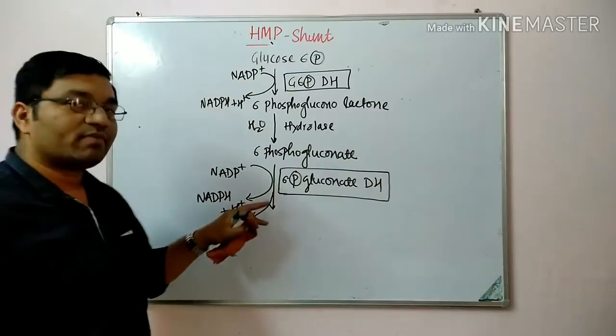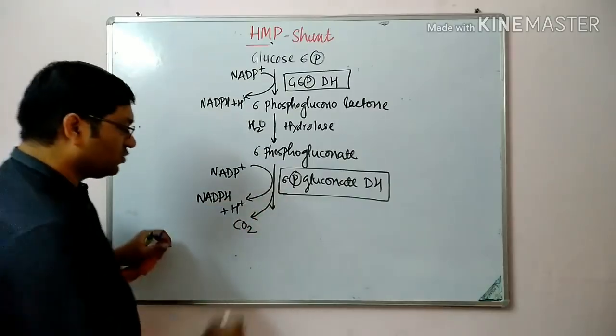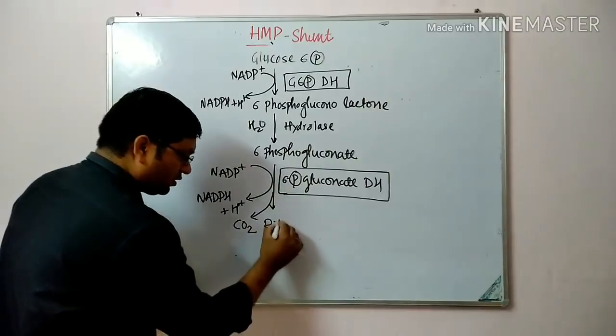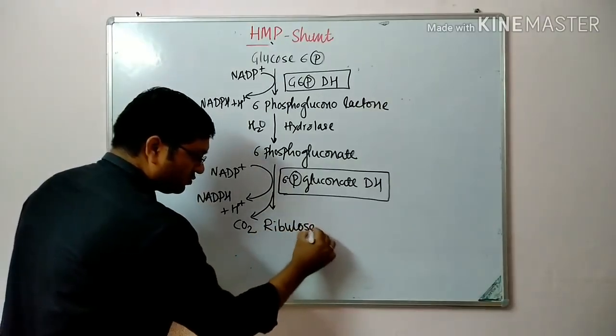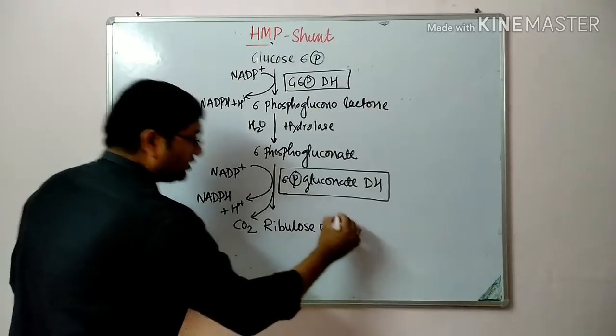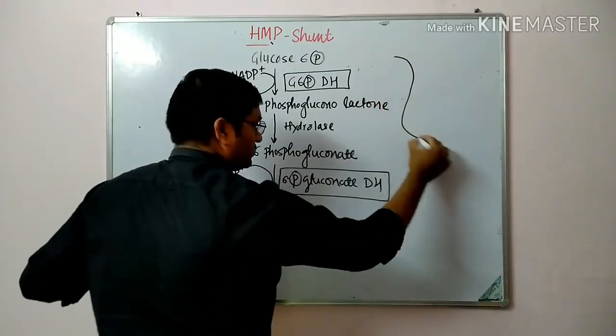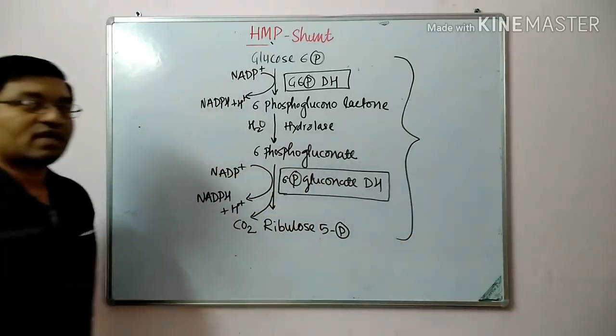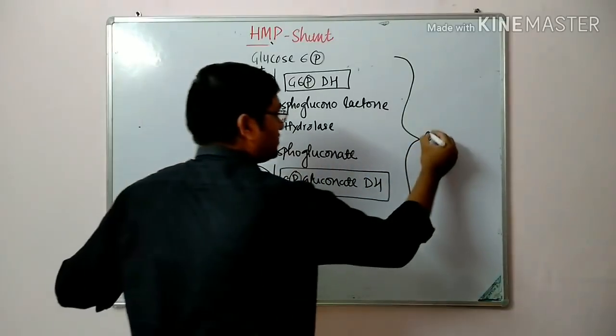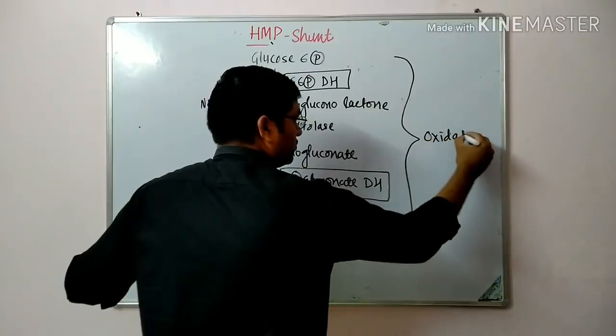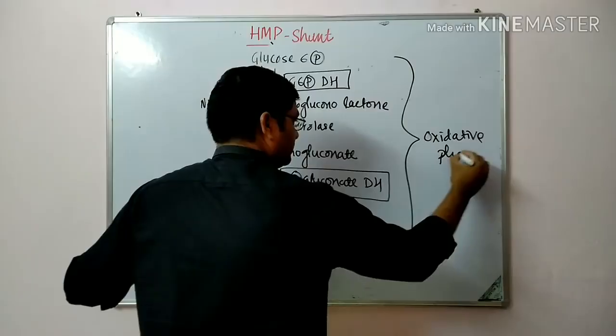Through this intermediate, by decarboxylation, it is converted into ribulose 5-phosphate. So these steps in the HMP shunt are known as the oxidative phase.